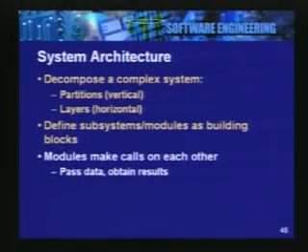So, a subsystem may be representing a partition or may be representing a layer. So, this vertical and horizontal decomposition of the overall software is necessary in order to divide it and to break it into realizable components.